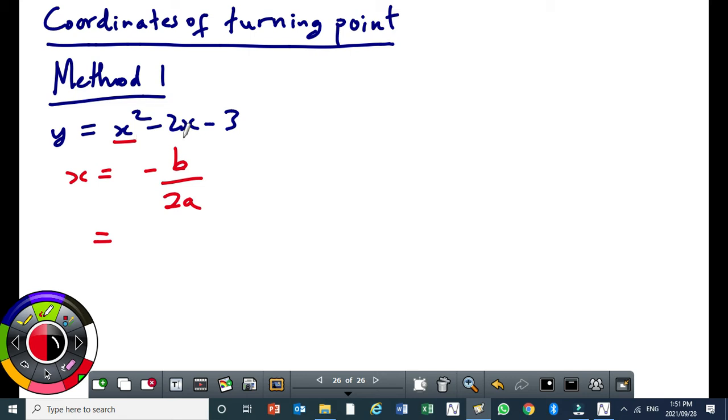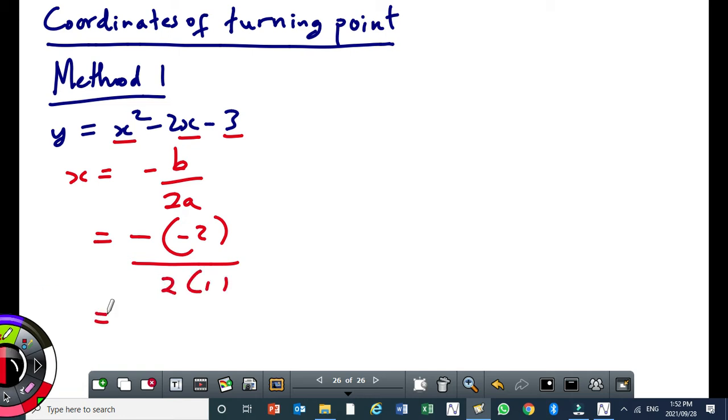Coefficient of x is negative 2, that's our b. This c here we don't need, so b is negative 2, so it will be minus negative 2 over 2 times 1. This will give me 2 over 2. So x is going to be 1 at the turning point.